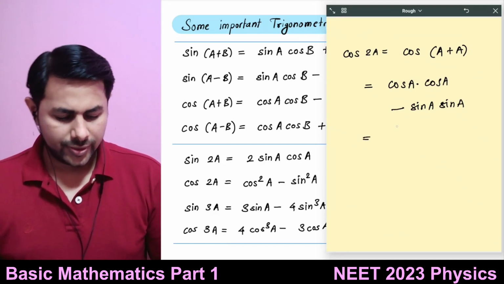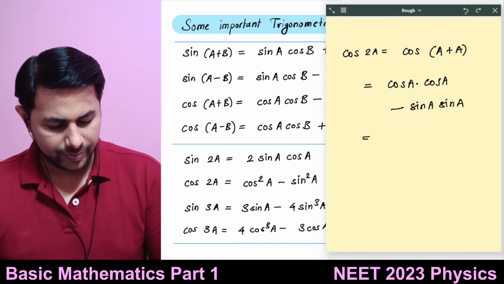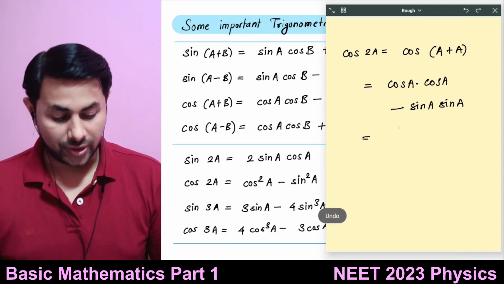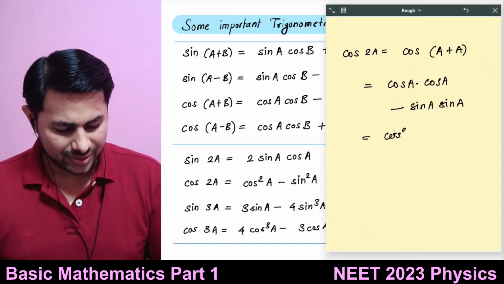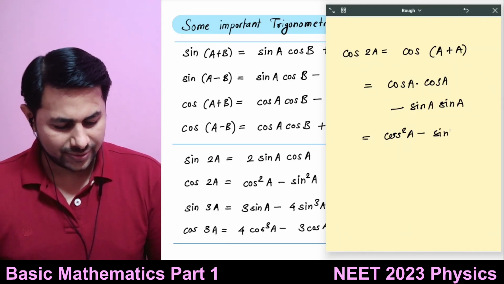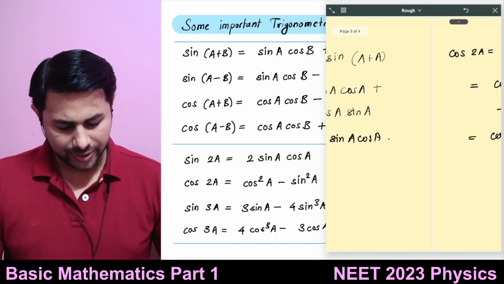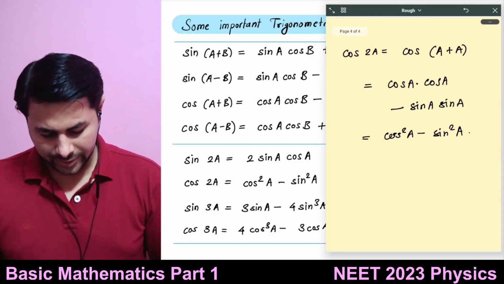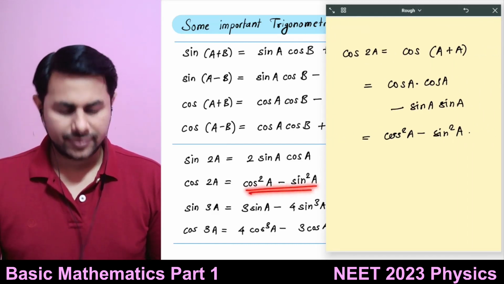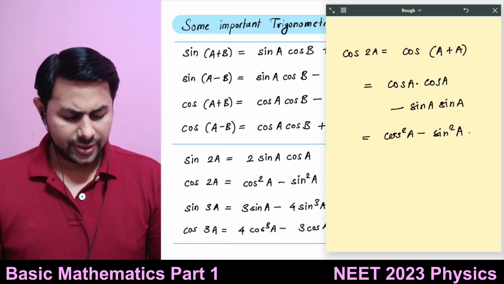Okay, so we have cos square a minus sin square a. So we got this first identity.